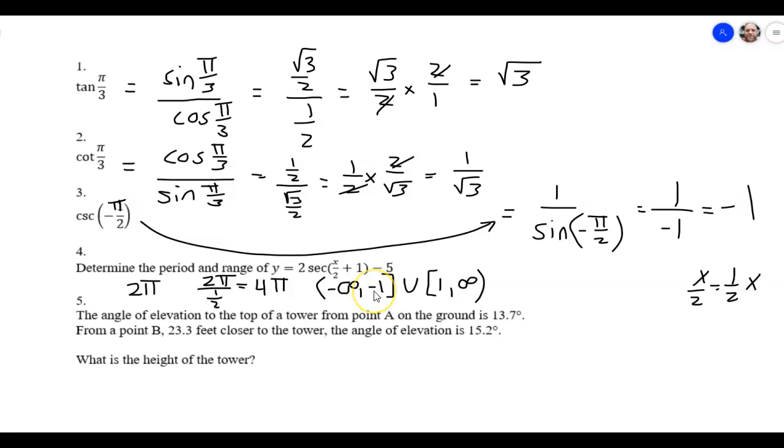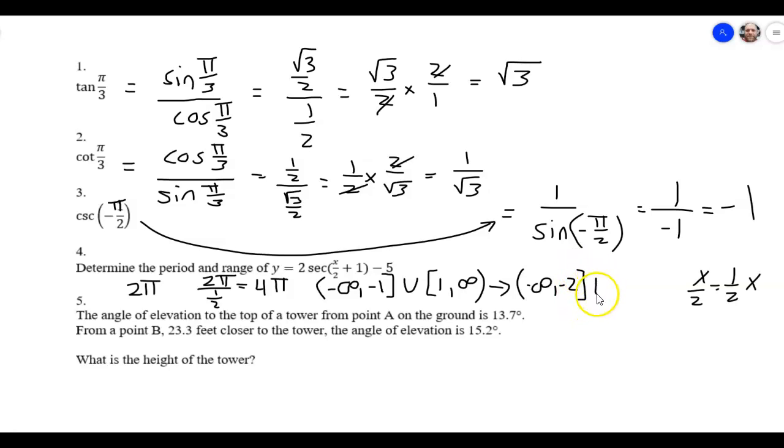So how do we see what the range is here? Well, the 2 out here is going to amplify it. Basically, you multiply this negative 1 here and this positive 1 by 2. So that brings it to negative infinity to negative 2.